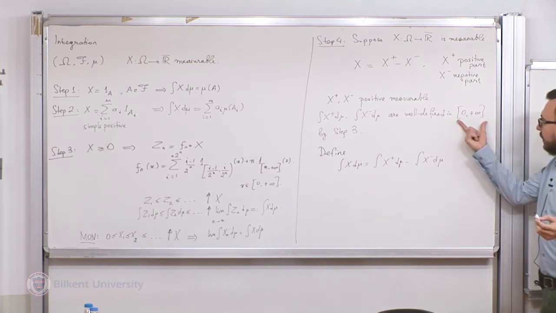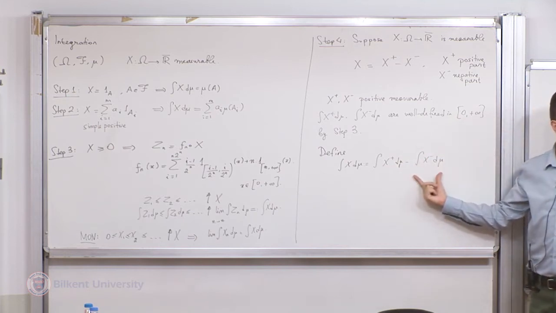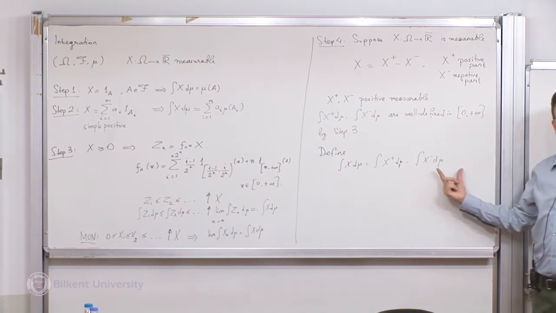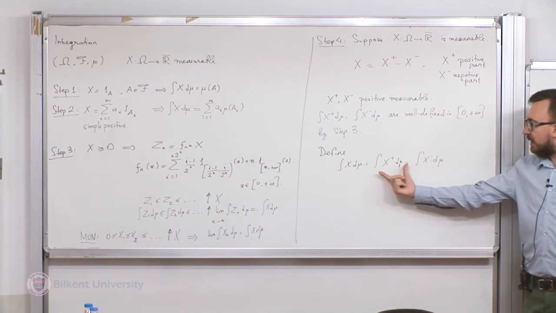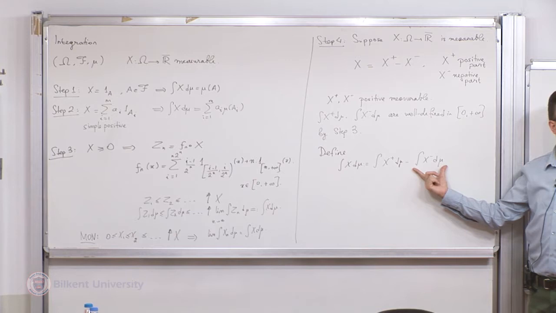You have a number between 0 and plus infinity, and another number between 0 and plus infinity. Do you have any problems with those two numbers when you take their difference? If this is plus infinity and this is plus infinity, you have an issue.